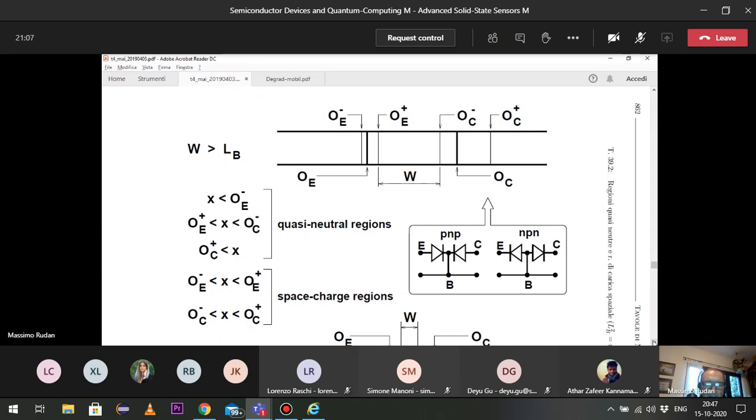So if W is much larger than LB, in essence, qualitatively, we can say the two junctions are very far apart from each other.